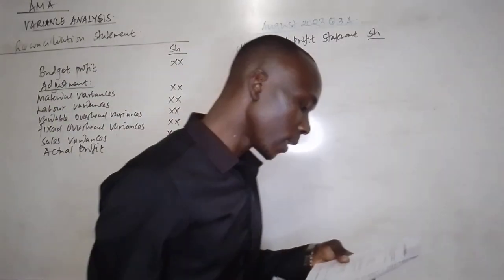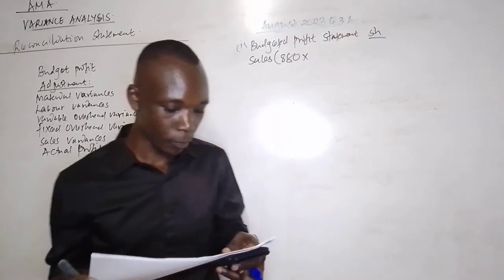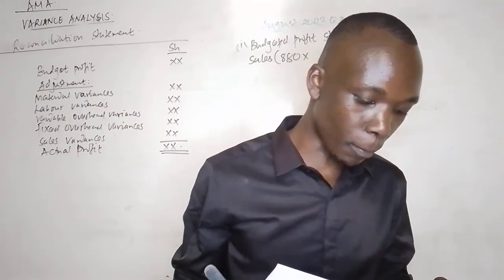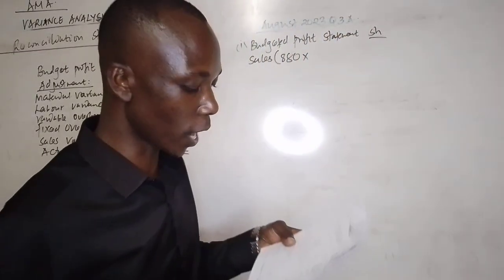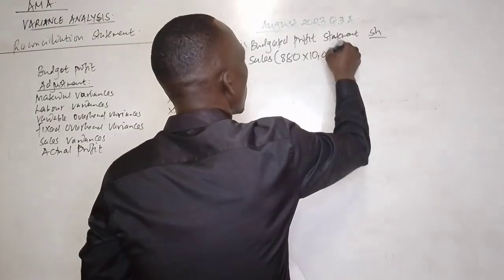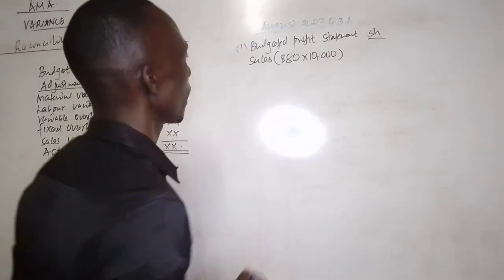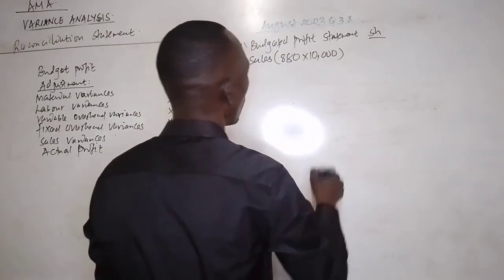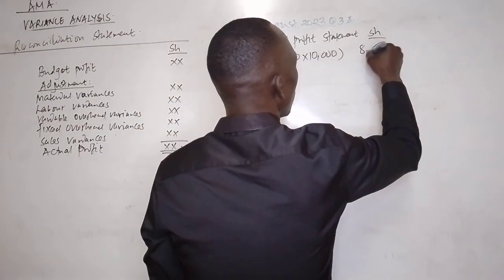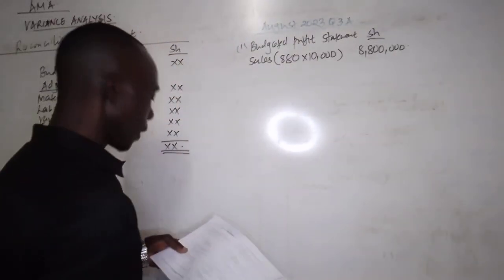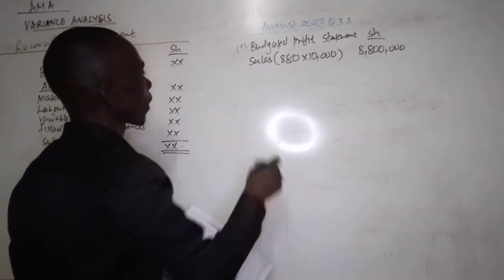Under additional information, we are told that Zeta Limited budgeted sales and production for the month of July 2023 as 10,000. So you multiply by those units. This will give us 8,800,000.